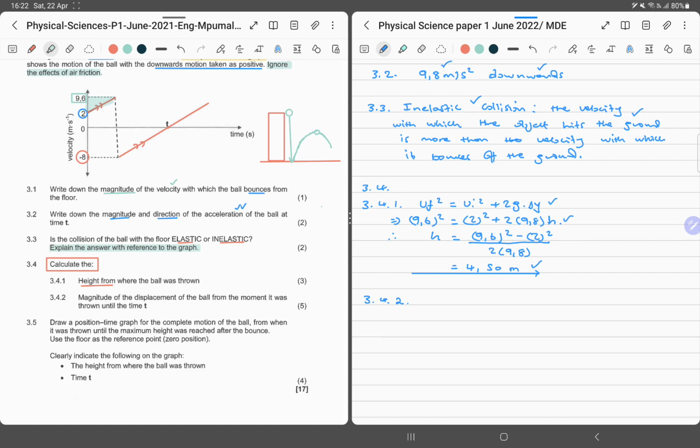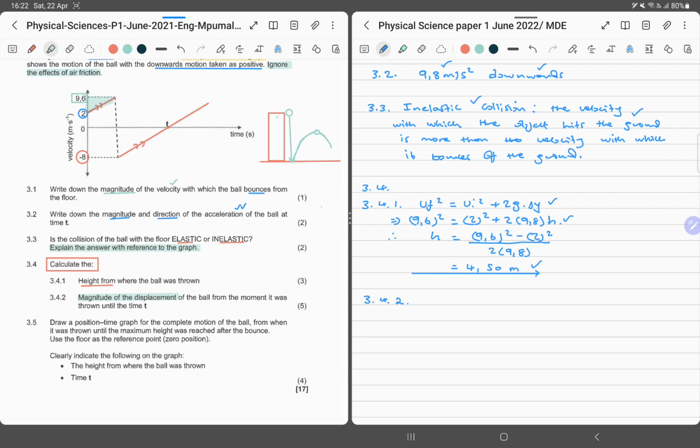3.4.2. Now we want the magnitude of the displacement. Remember, displacement is a vector quantity. Of the ball, from the moment it was thrown until time t. So how is it displaced?